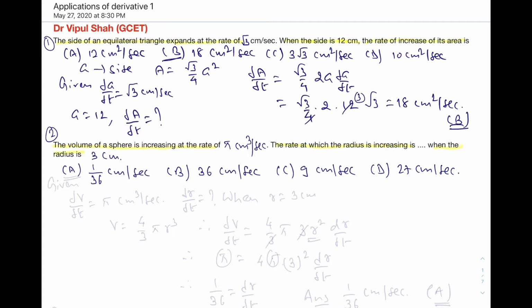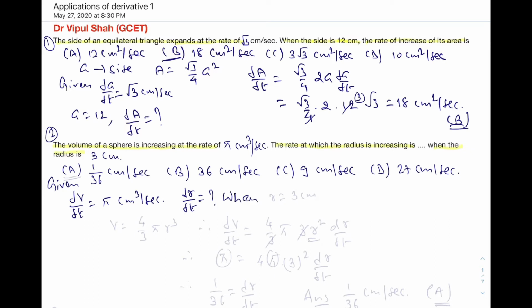The volume of sphere. So what is the volume of sphere? Volume of sphere is increasing at the rate of pi. So given this dV by dt equal to pi centimeter cube per second, that is given. The rate at which the radius is increasing, so we want to find dr by dt when radius is 3 centimeter.